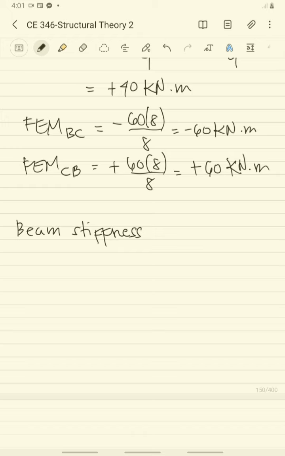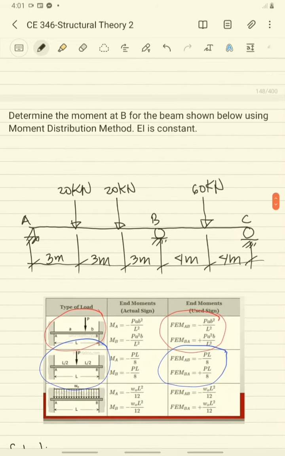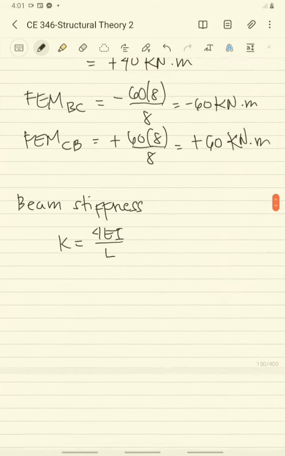But in this problem, we can still use the absolute K, equal to 4EI over L. EI here is constant, so what matters for each segment is the length of the beam.